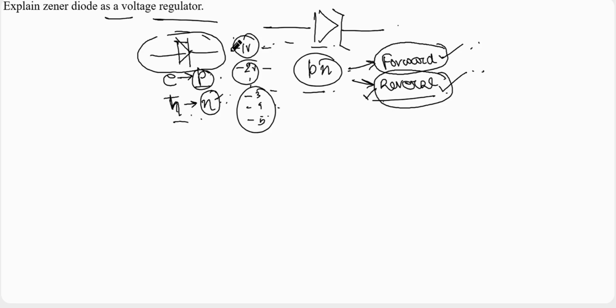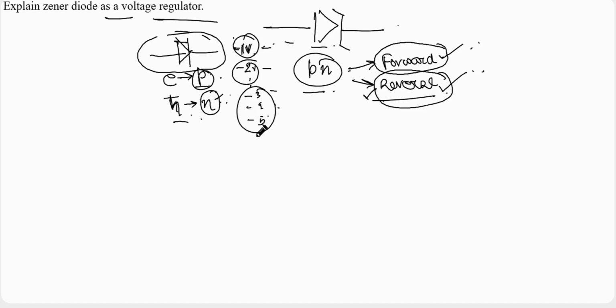Due to this particular function, the zener diode is known as a voltage regulator. But it is not the case that even if we increase the voltage after that, to -6, -7, -8, the current will remain the same.